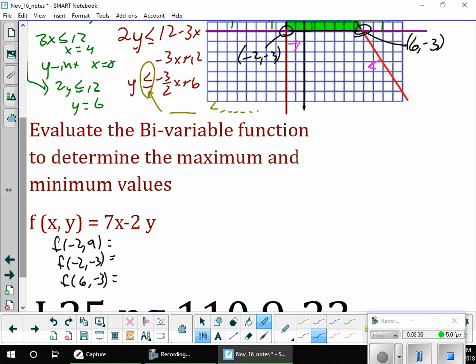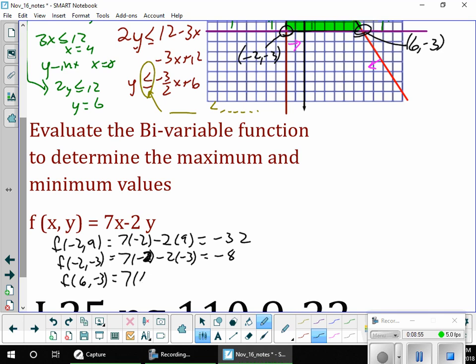If I put the -2, 9 in for x and y, I get 7 times -2 minus 2 times 9, which gives me -14 minus 18, which gets me -32. If I put the -2, -3 in there, I get -14 plus 6, which gives me -8.